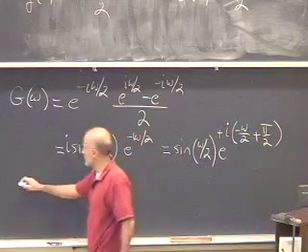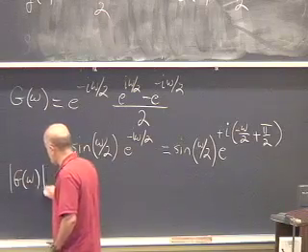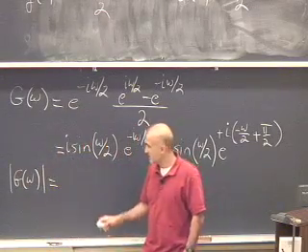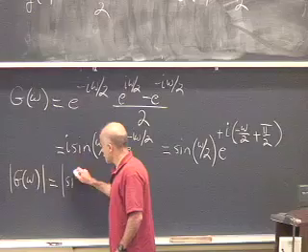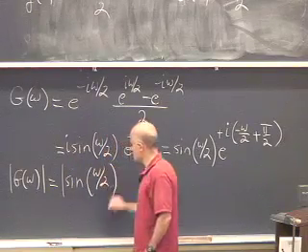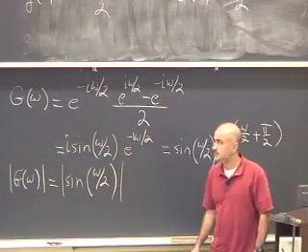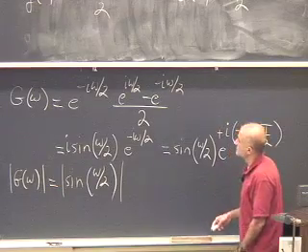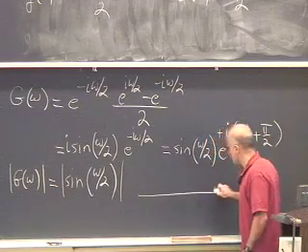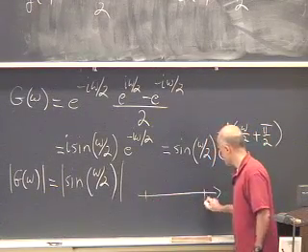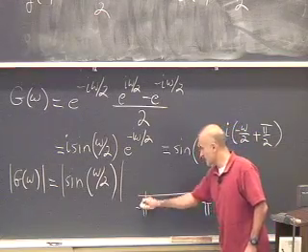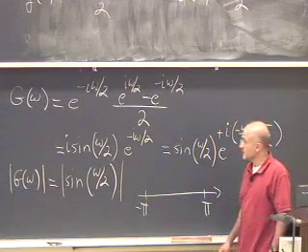Now when you plot the magnitude response to this, notice how much faster we're going through this problem? It's sine omega over 2. And when you plot it, what do you get? From minus pi to pi. What is it at 0?